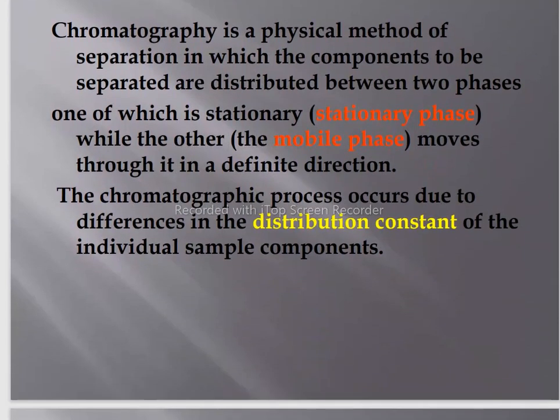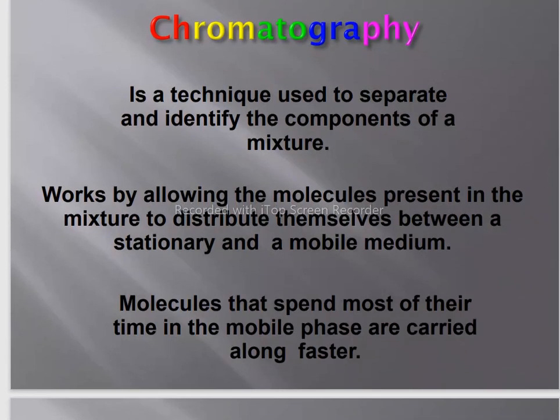So what is chromatography? Chromatography is a physical method of separation in which the components to be separated are distributed between two phases, one of which is the stationary phase, while the other, the mobile phase, moves through it in a definite direction. The chromatographic process occurs due to differences in the distribution constant of the individual sample components.